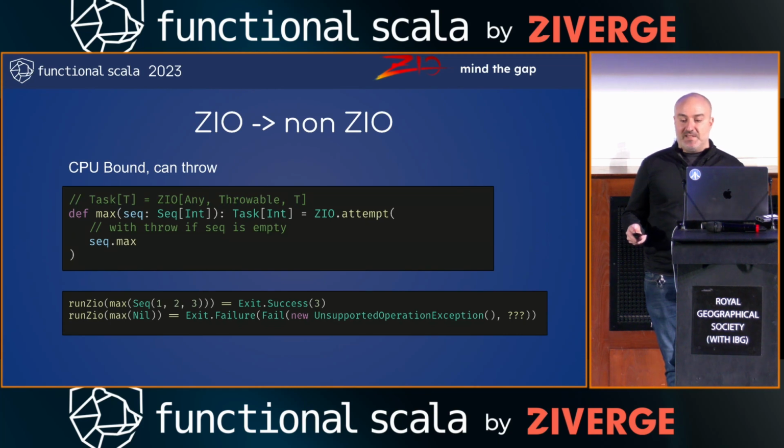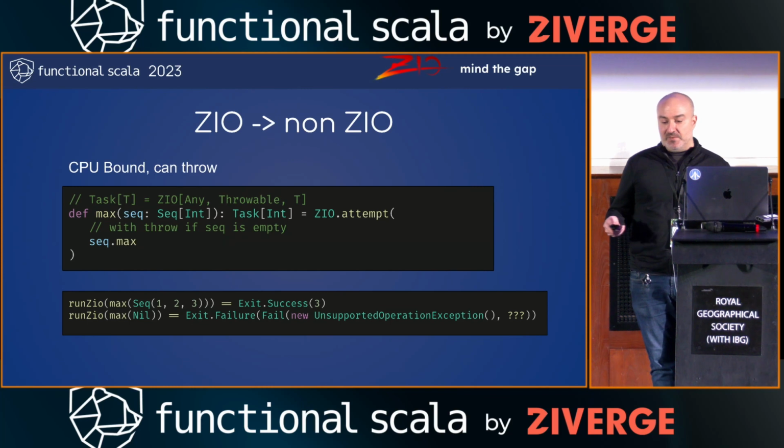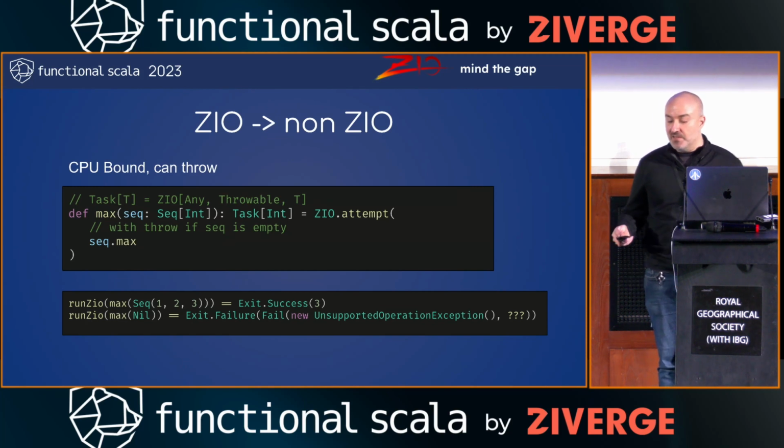If it's just a CPU-bound computation but we know that it can fail, for example Seq max, which will fail if the sequence is empty, we can wrap it in ZIO.attempt, and then our result will be either success, like 3, or a failure with this Fail case, because we expected that it can fail, with an UnsupportedOperationException.